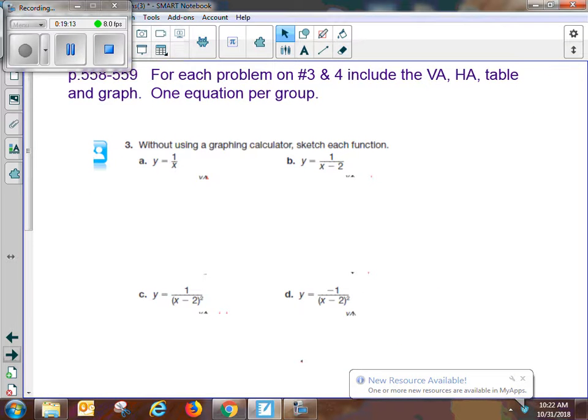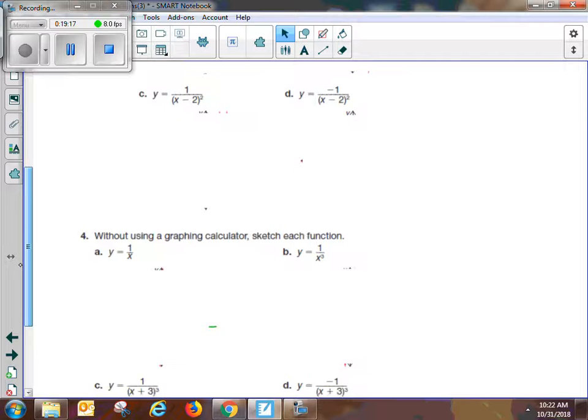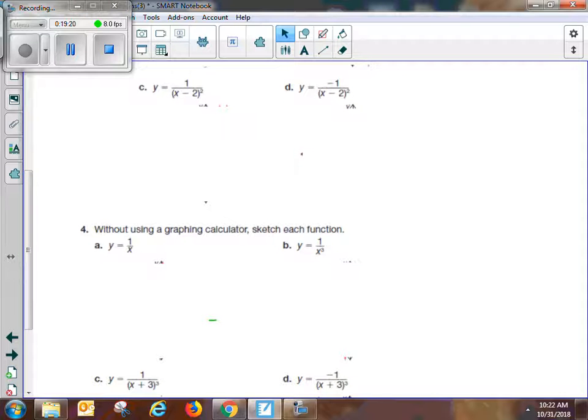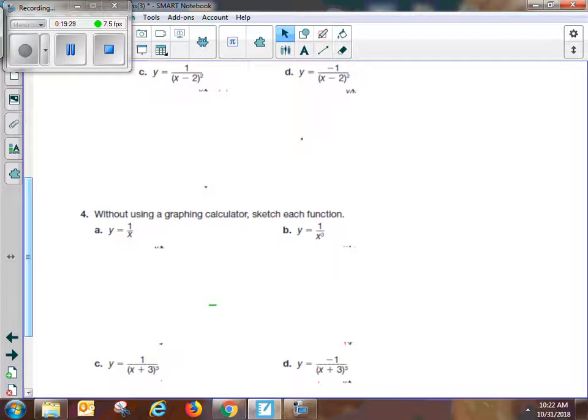So what I need you to do is, right quick, my groups: I've got C, D and C, D that I am assigning. This C and D have x squareds on the bottom with extra stuff to move right, left. And then C, D down here have cubes on the bottom.